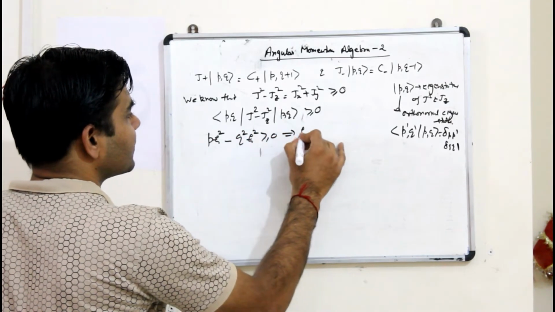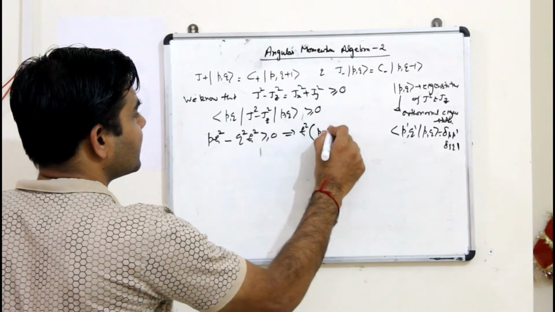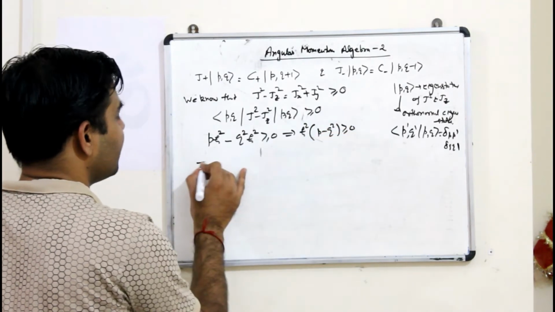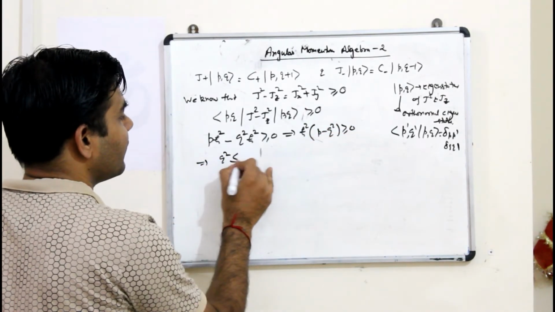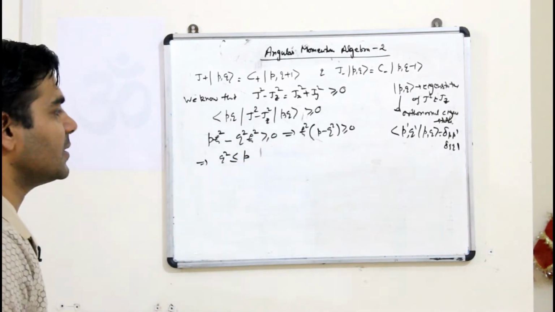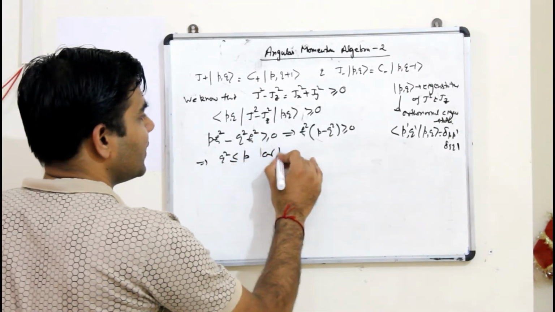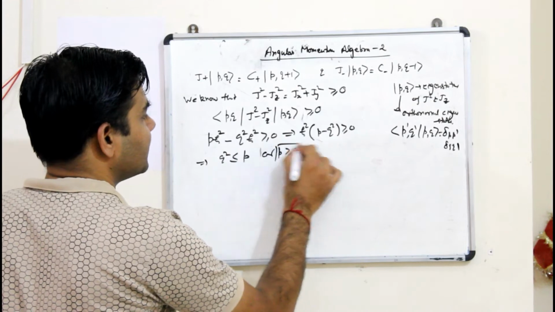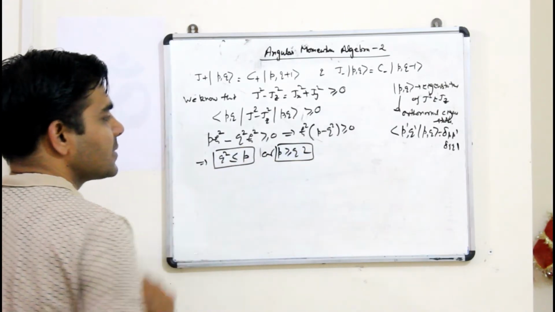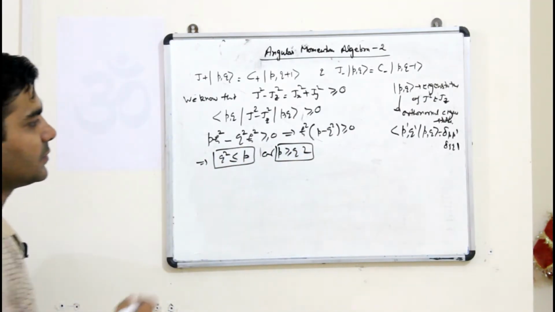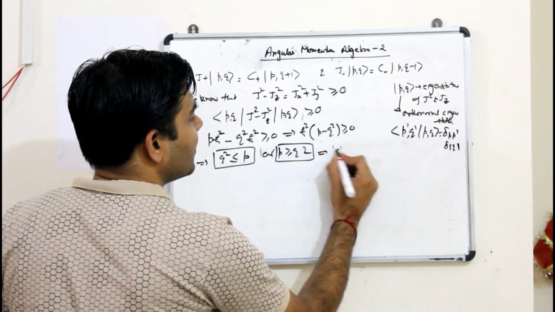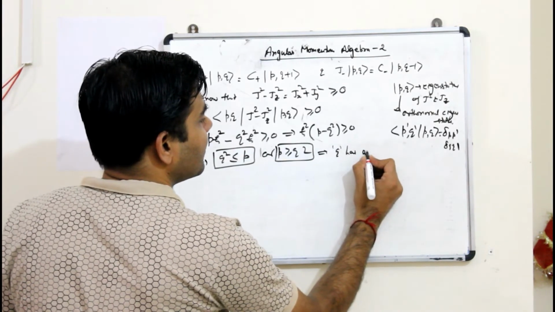Which means h cross square is common, P minus Q square is greater than or equal to 0, which means Q square is always less than or equal to P, or P is greater than or equal to Q square. It means Q has an upper bound.